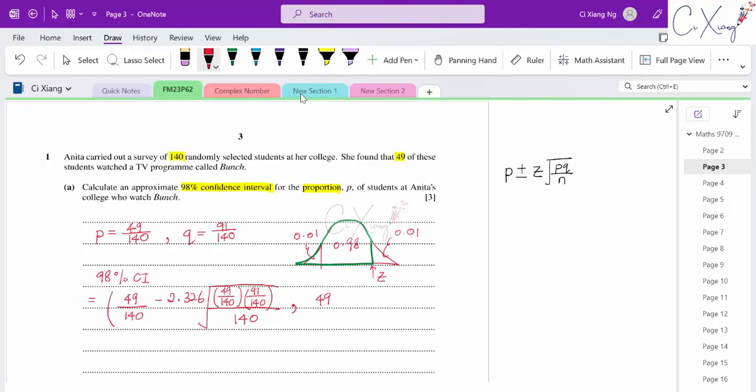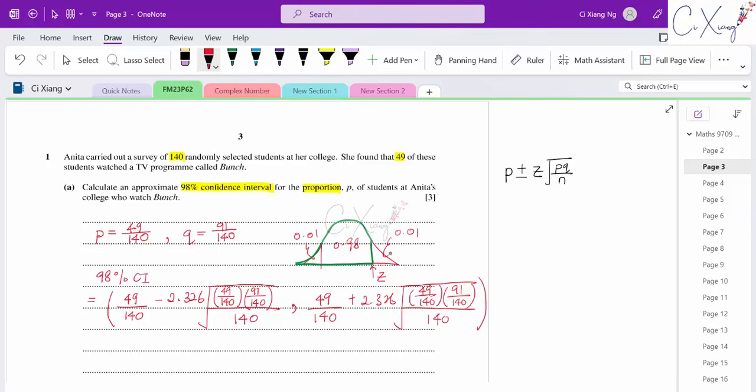So 49 over 140, then plus 2.326 again, then square root of P, which is 49 over 140, multiplied with 91 over 140, then divided by 140.